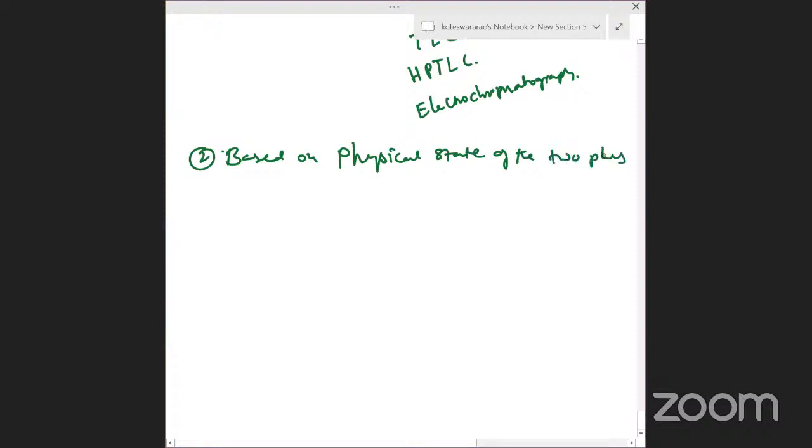What are the two phases? One is the mobile phase, or moving phase, and the second one is the stationary phase, based on their physical state.